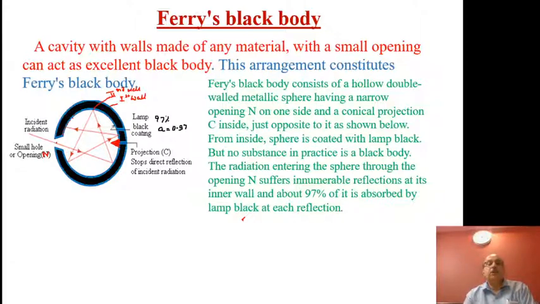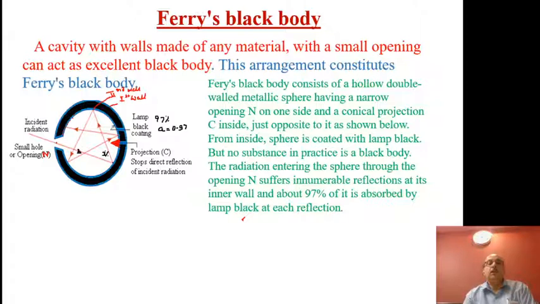It means 3 percent of the radiation will be reflected by the surface. The incident radiation will fall on the inner wall, then some part of the radiation will be reflected. That is only the 3%.